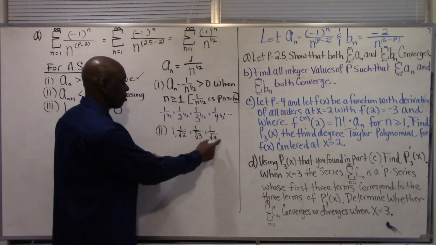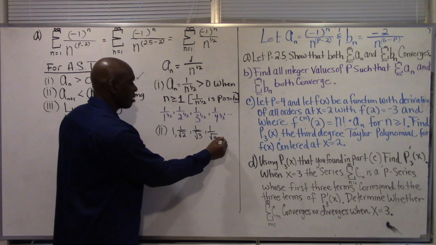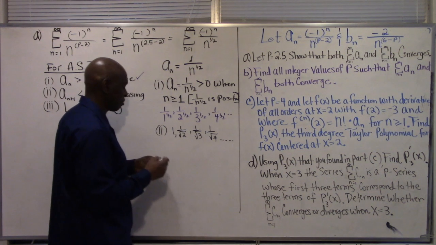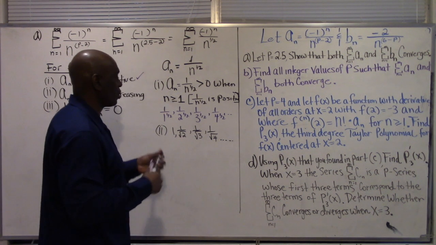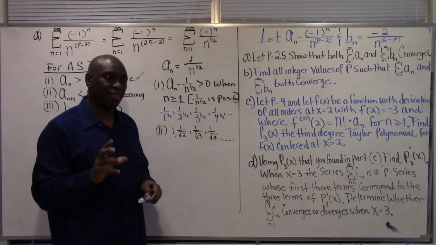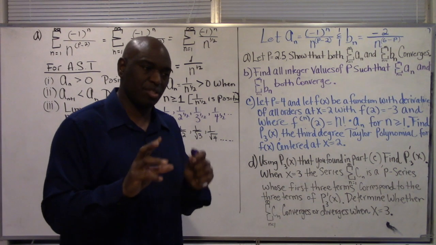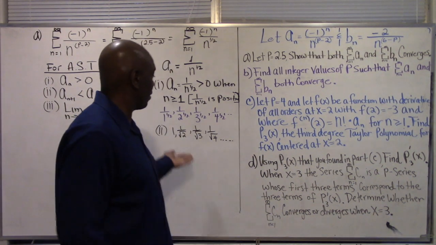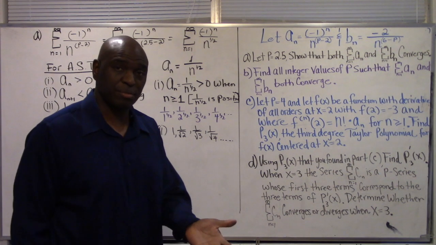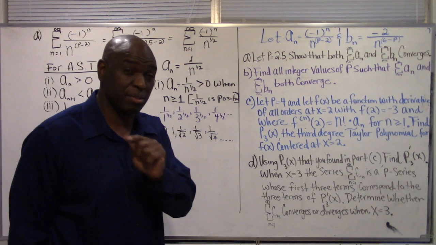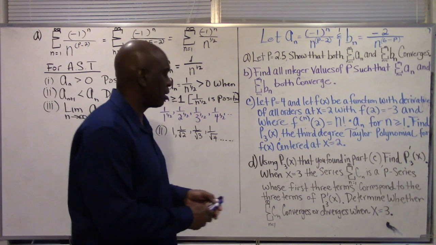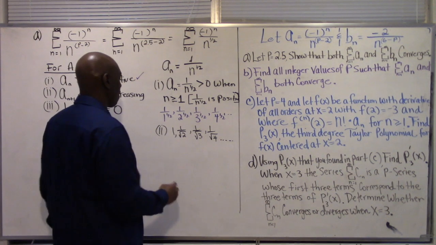These numbers are smaller as we go along in our sequence. The numbers get smaller. Or what you could do is use calculus. If I look at it like this, this is not using calculus. If you want to use calculus to show that it's decreasing, then approach it this way.